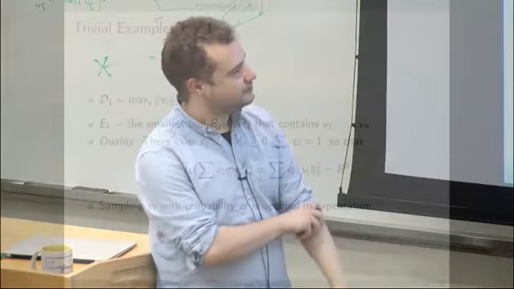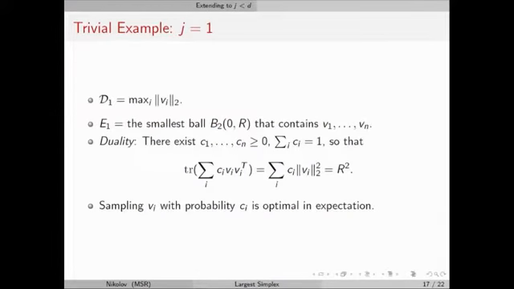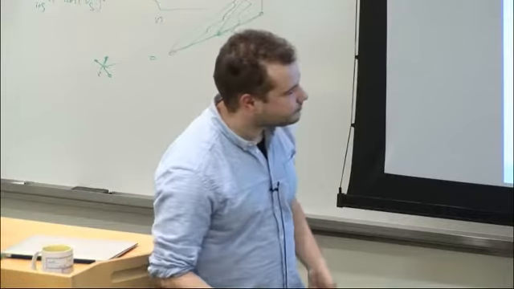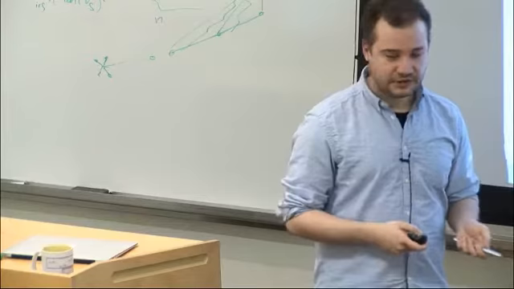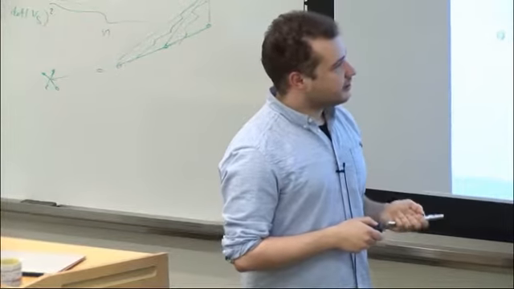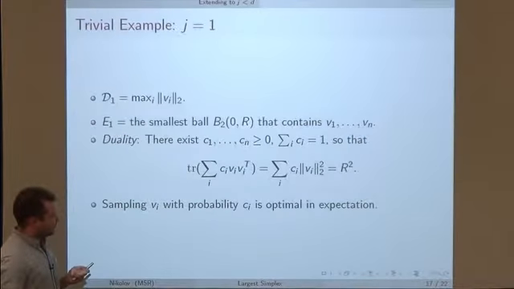Okay, and the way this is generally going to work is, I'm going to write this as a convex program. I'm going to again look at the KKT conditions and take the dual. What the dual is going to tell me is that whatever the optimal R is, there exist non-negative coefficients C1 to Cn that sum up to 1.